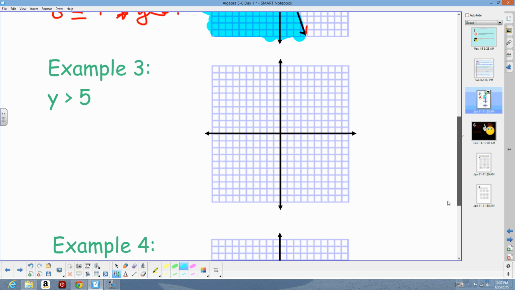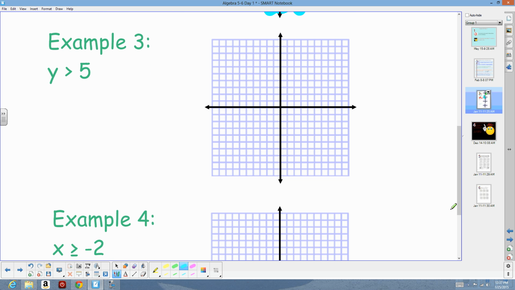All right, next we have y is greater than 5. When you only have a y in your equation, or in this case inequality, you're going to have a horizontal line that goes through the y-axis at 5.